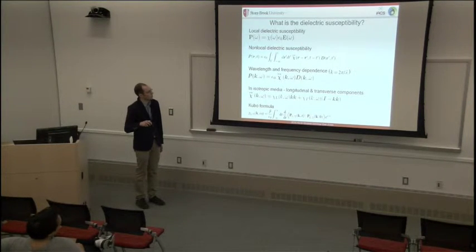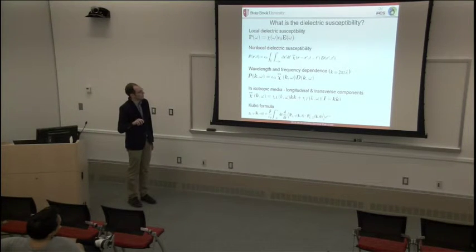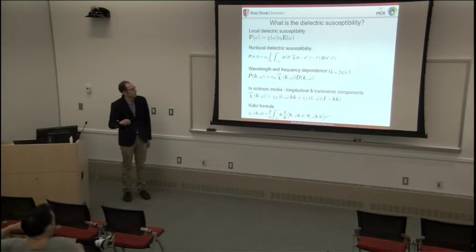Because of convention, you use the electric displacement, but you can think of that as an electric field. And when you Fourier transform this, you get a wavelength dependence in the susceptibility.